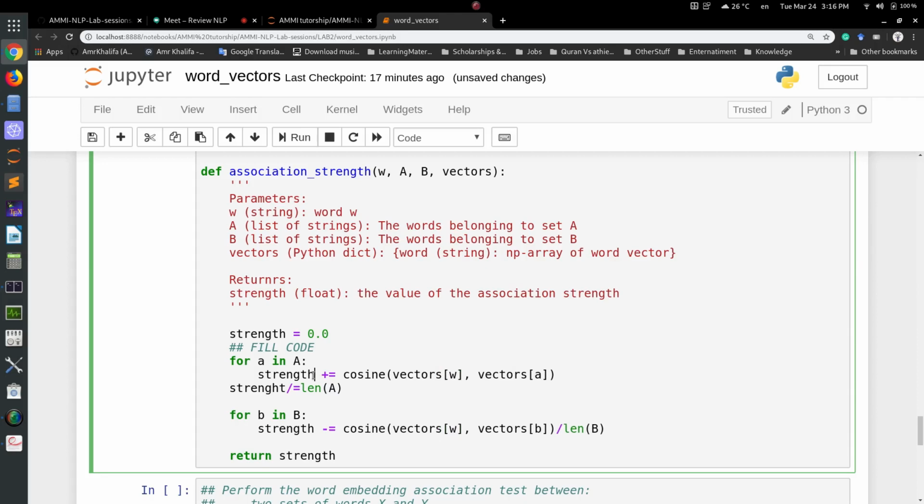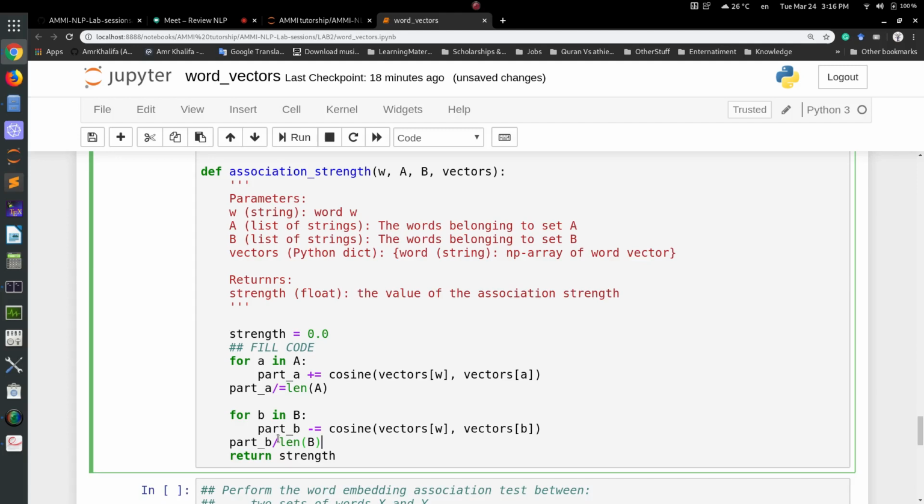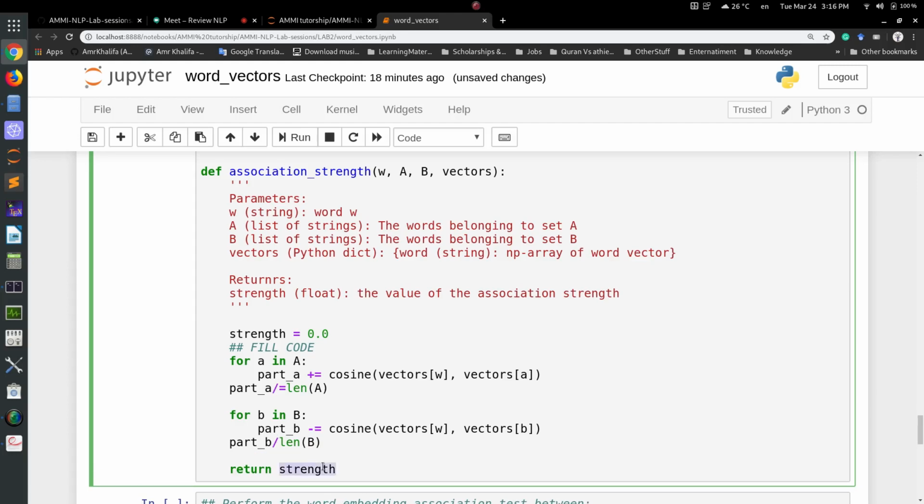If it's confusing, let's call this part A, and then we'll divide part A by the length of A, and then we'll call this part B, part B divided by the length of B, and then we have strength equals part A minus part B, but here we have a summation.